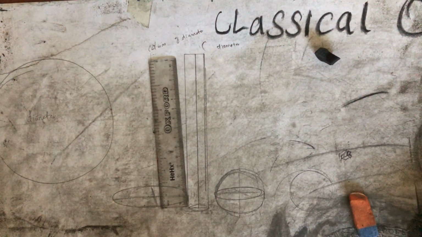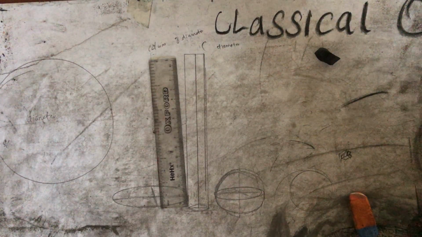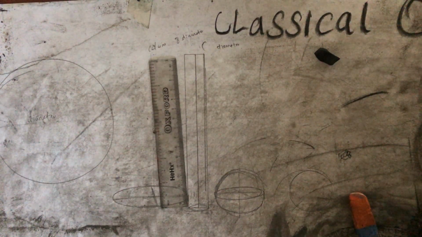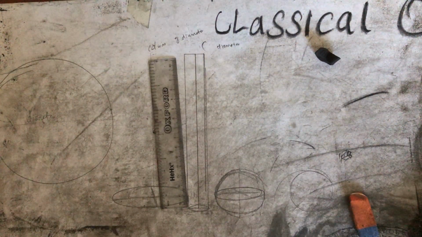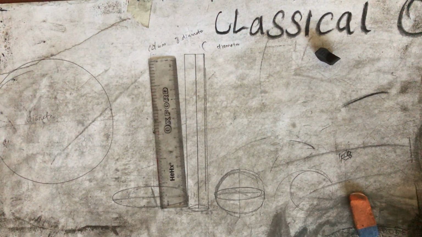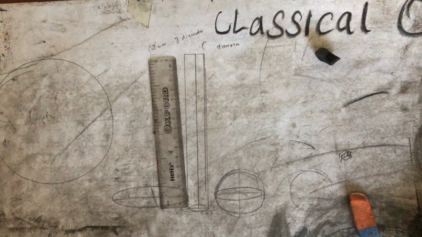Okay, let me just allow me to fumble. It's my first day at school. I was looking for something to make it easier for me to draw circles here, but okay, we are good. We'll be good.